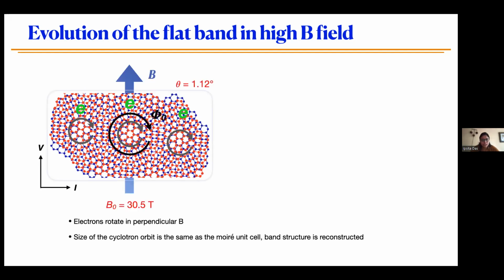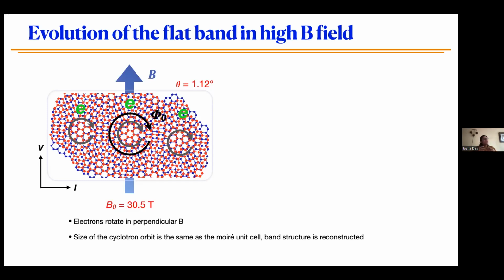And if you keep on increasing the magnetic field, then this radius will get smaller and smaller. And at some point, your cyclotron orbit will match perfectly with the Brillouin zone of the lattice, right? And at this point, you have one flux quantum per moiré unit cell, and your band structure will reconstruct there.